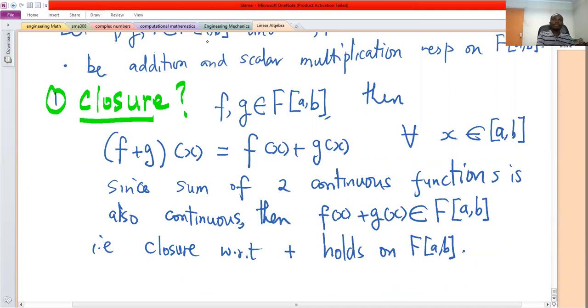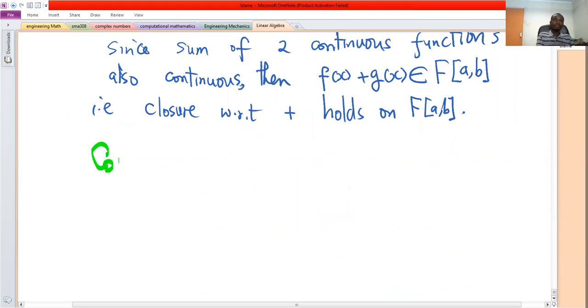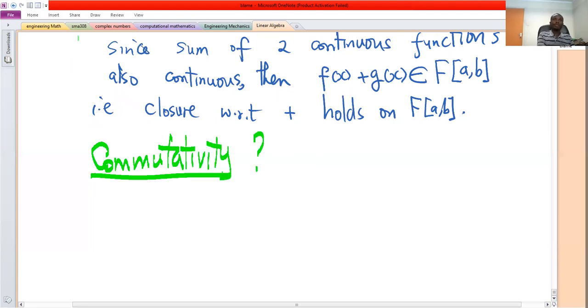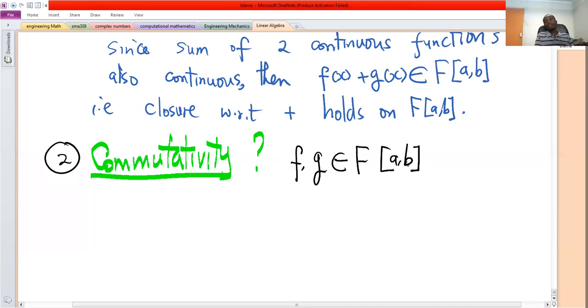Property two, let's test for commutativity. Does the commutativity property hold? So we have two functions f and g, which are in this set of continuous functions on the closed interval AB. Then f plus g, well, these are functions of x.